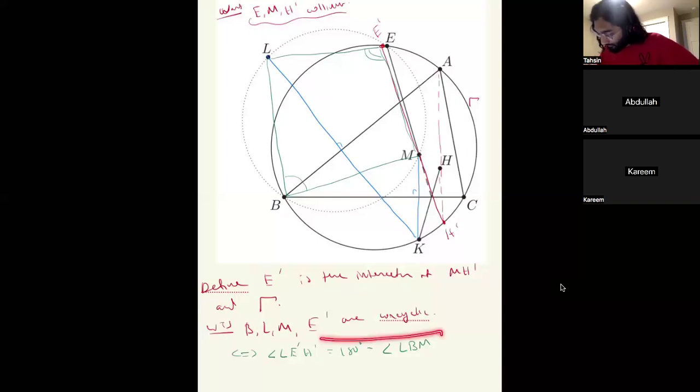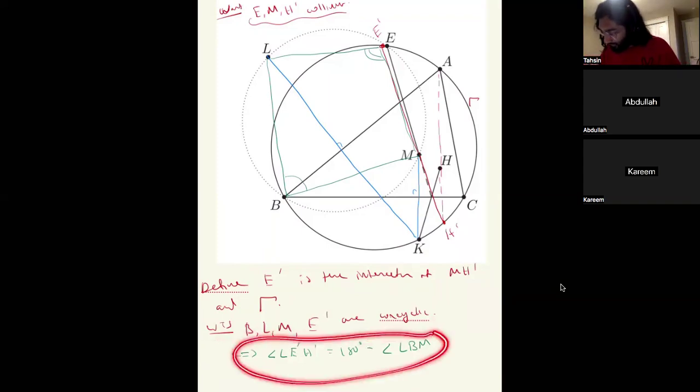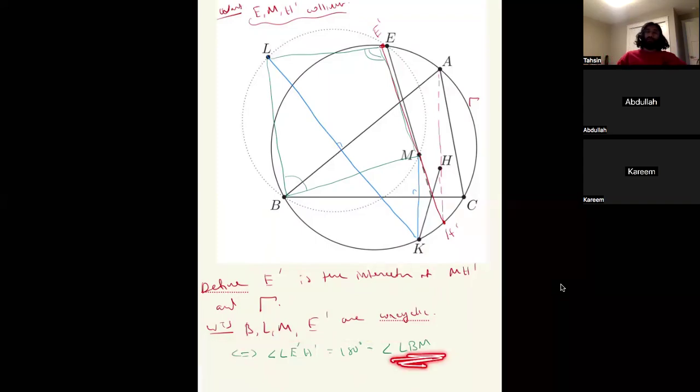One way is by showing this equality. The reason I chose this equality is that this angle, LBM, is easy to calculate. You can actually calculate it exactly in this case, because of how we defined L and M.